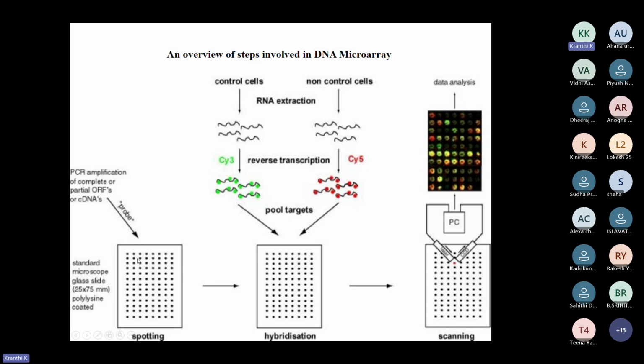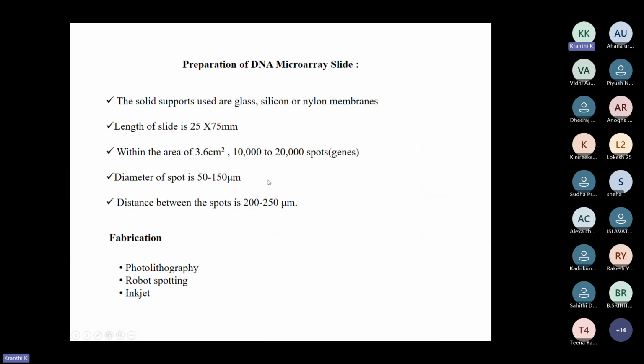Now we know the expression of the first gene, the second gene, the third gene. So we already know the known DNA probes we are fixing on a chip. This is generally the microarray. It contains the entire genome, maybe 10,000 or 20,000 spots you can keep.